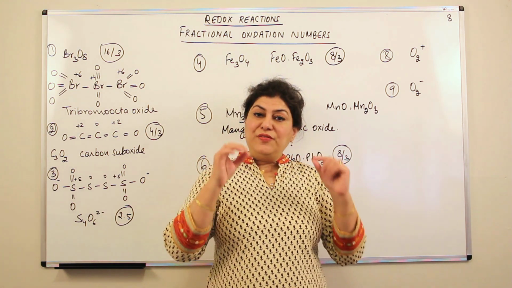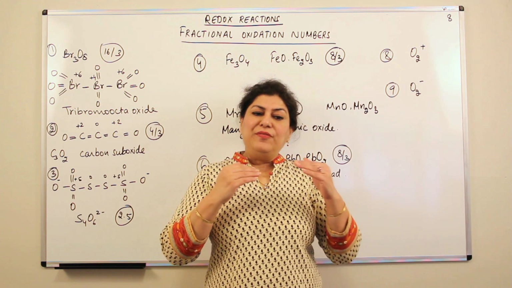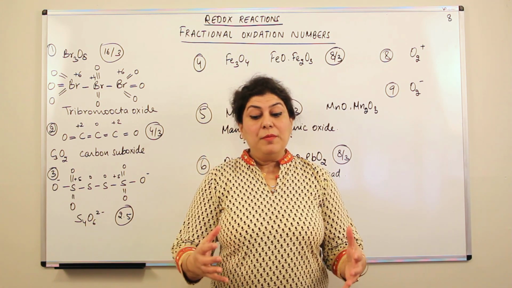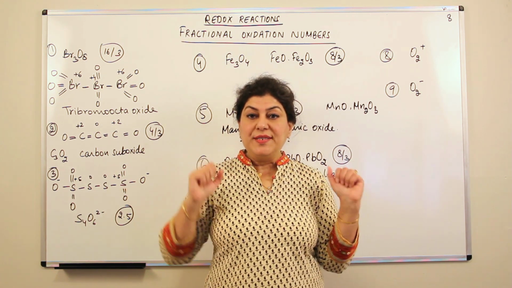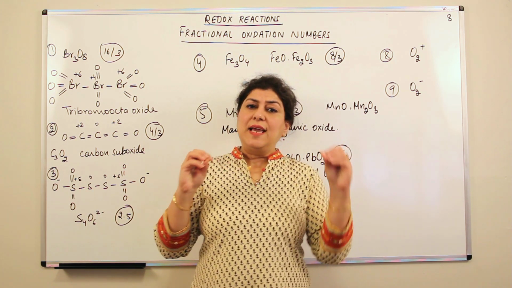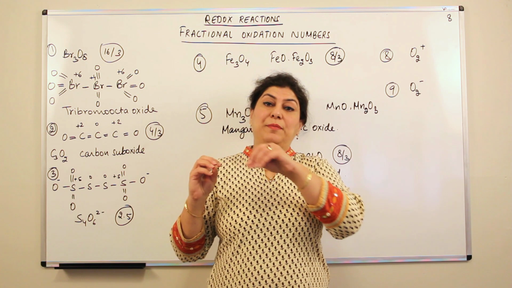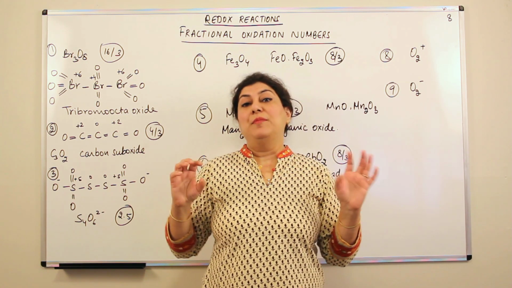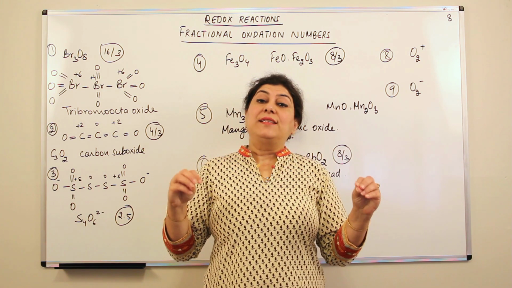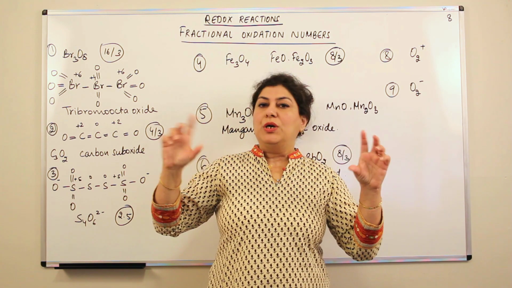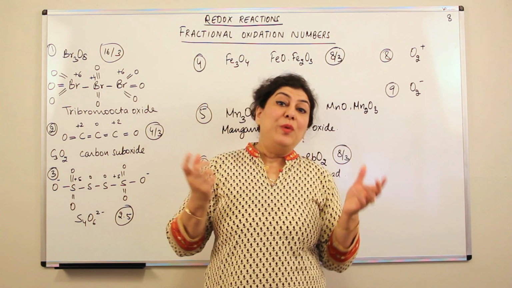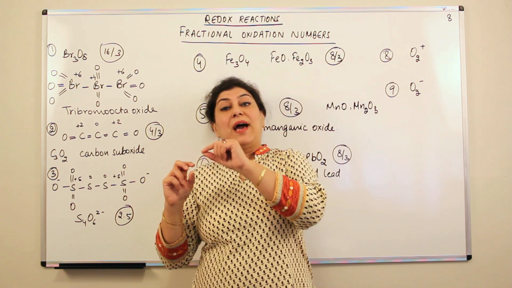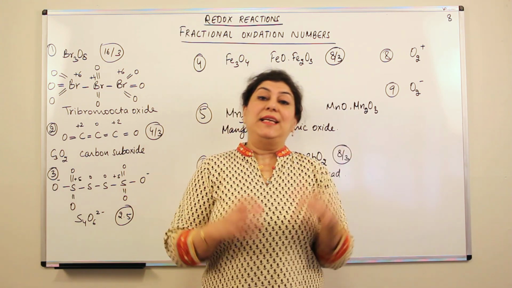And after having understood that, when we start studying more and more complex compounds, we come across compounds that are larger in size and that have more atoms of the same element. And these atoms may be bound to the other atoms in different ways. And each atom appears to have a different oxidation state.